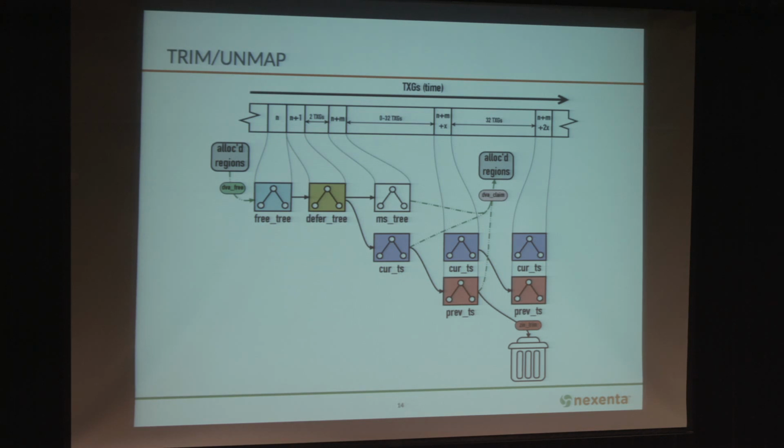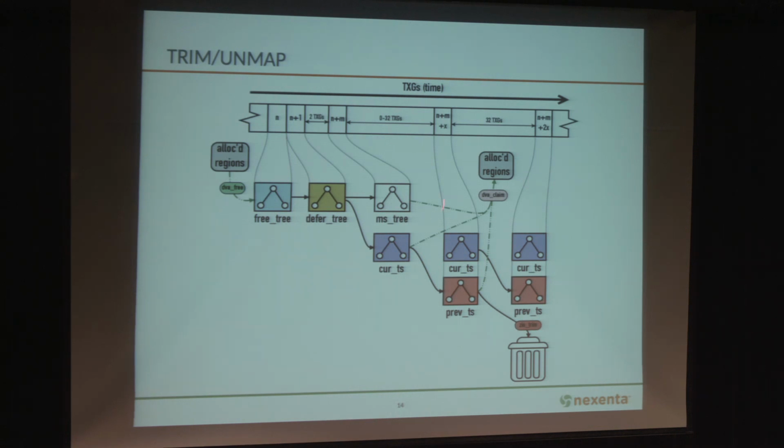Now the new feature, the automatic trim feature, also adds the block over to a new what we call trim set, but it's basically just another tree of extents. In that, it is being aged out for a certain amount of time before it is eligible to be really discarded.